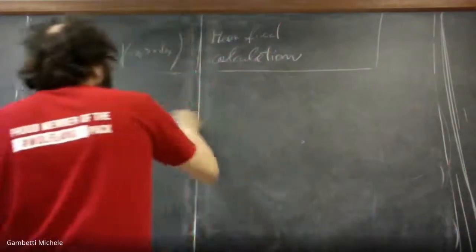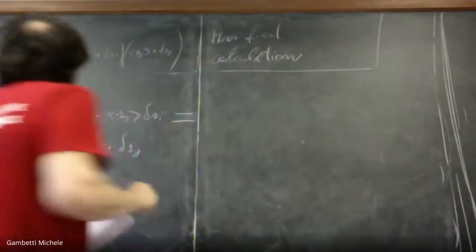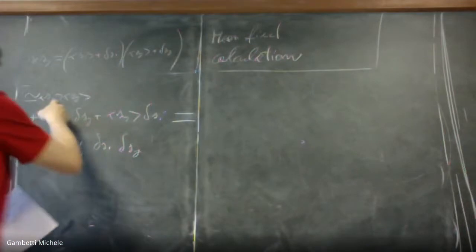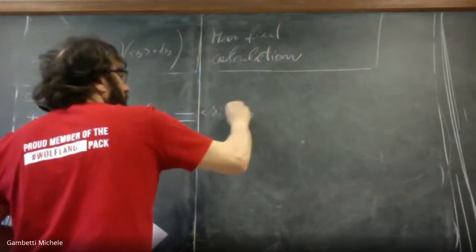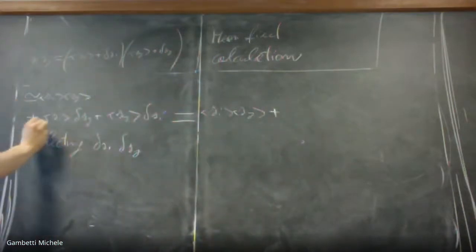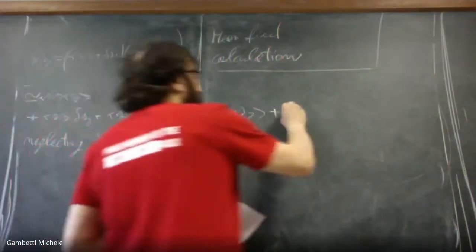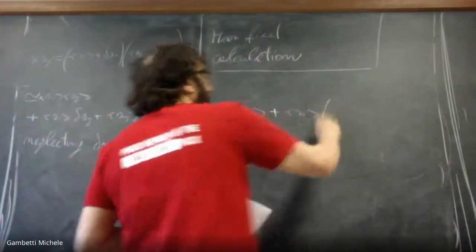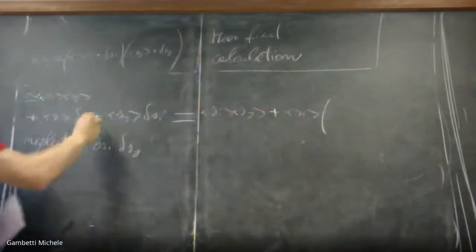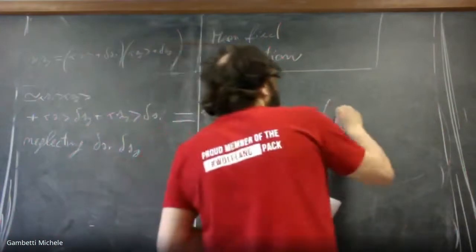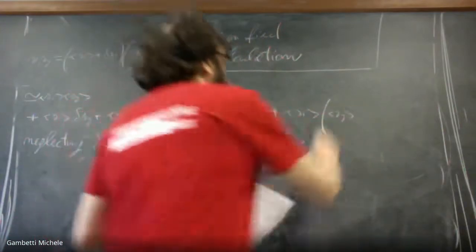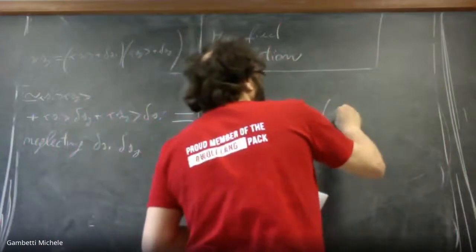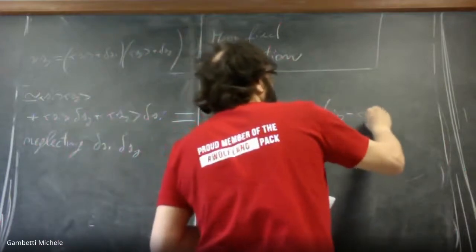Now this is equal to the average s_i times the average s_j, plus here I have the average s_i times the fluctuation delta s_j, which is s_j minus the average of s_j.